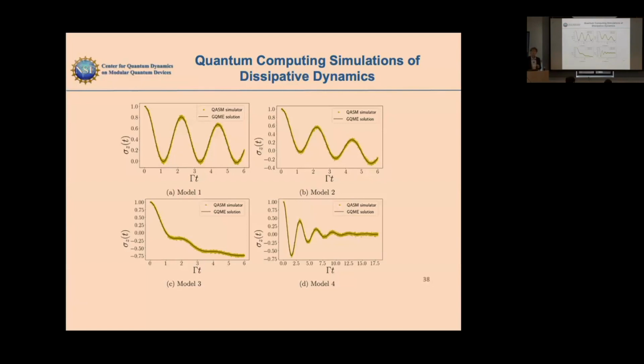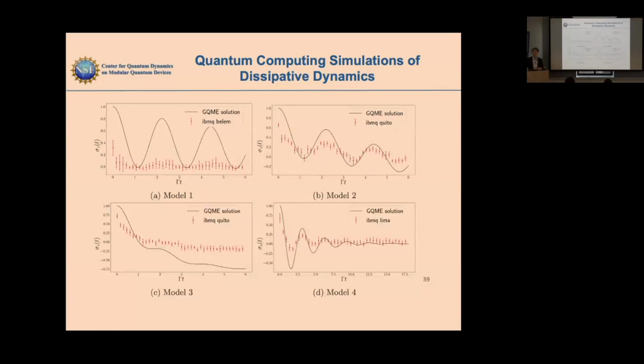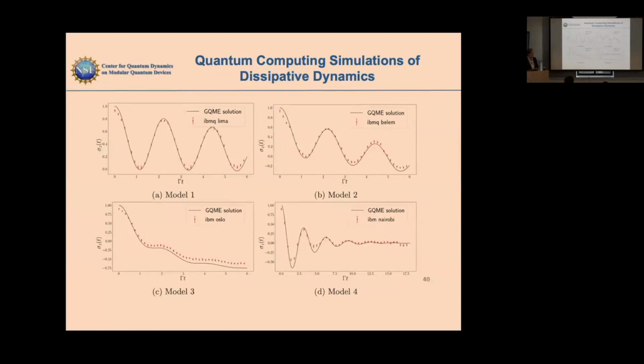But when we went to the actual simulation on the computer, then things didn't go so well, because, as I mentioned, the circuit depth is beyond the capabilities of existing conventional quantum computers. So at this point, we went to the reduced space, where we propagated the dynamics of the diagonal elements only, populations only. And in that case, we got much better agreement, simply because the circuit depth is shallower.